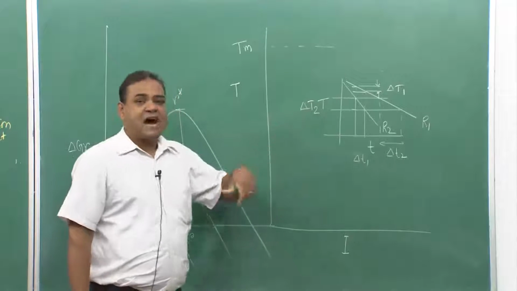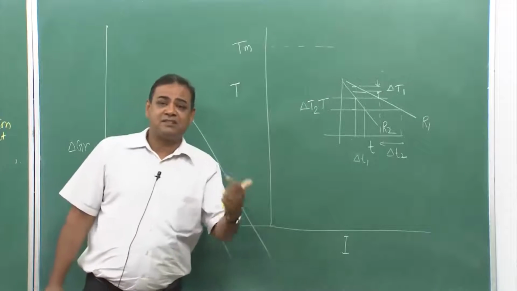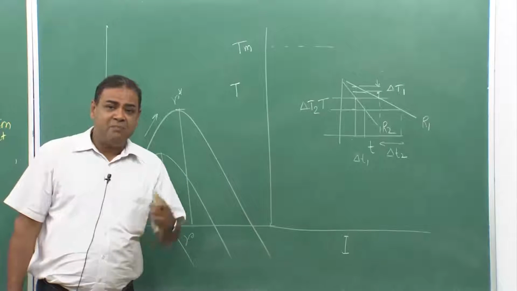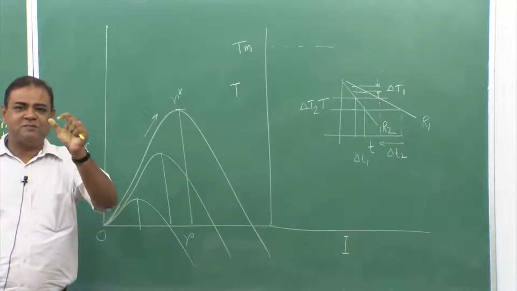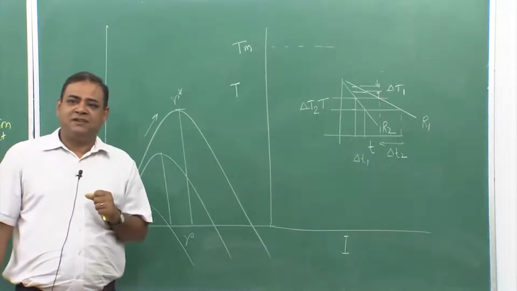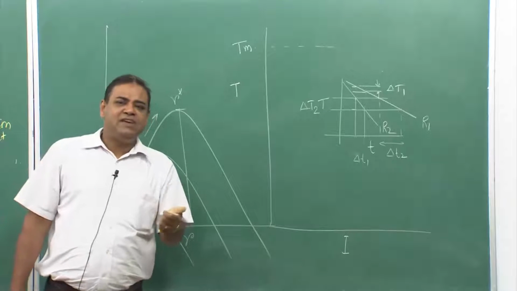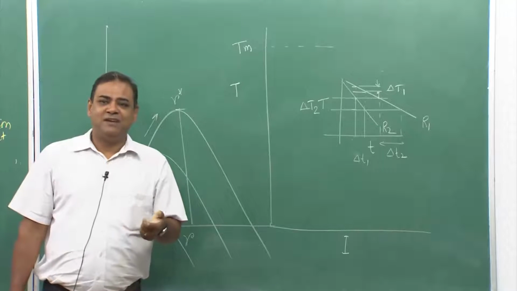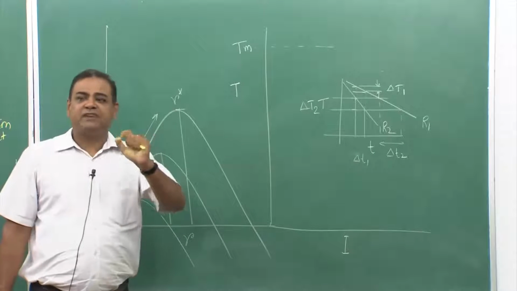Now, if I get higher cooling rate, I am getting higher del T, that means my R star would also decrease. It suggests that I might get finer structure. The size of the sphere would be finer and finer, and I would get very, very fine structure. So, that also gives a little idea why increase in cooling rate during steel heat treatment gets me very, very fine pearlite, or very fine grain size.